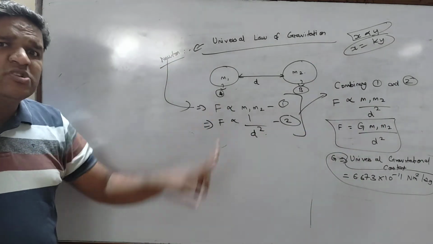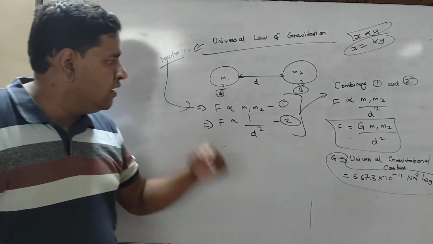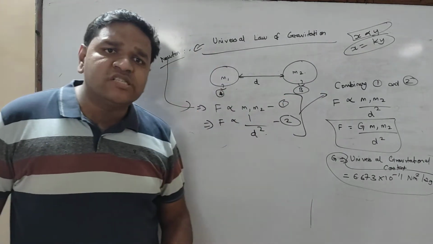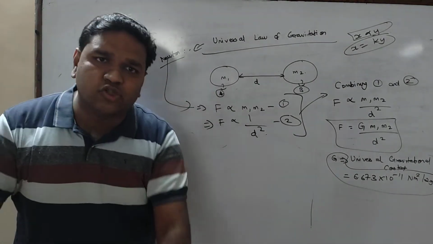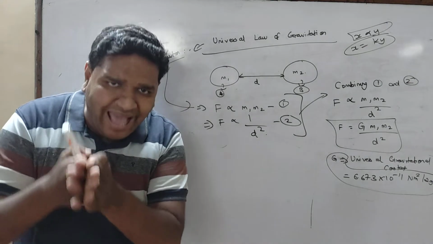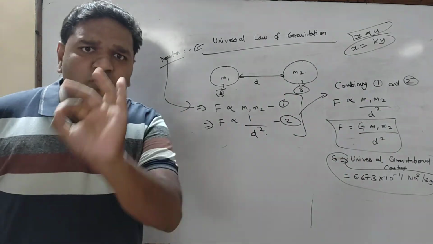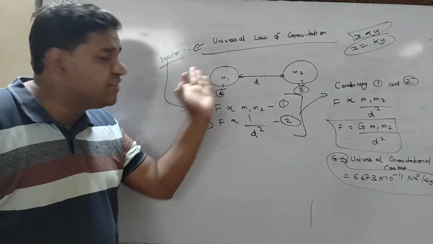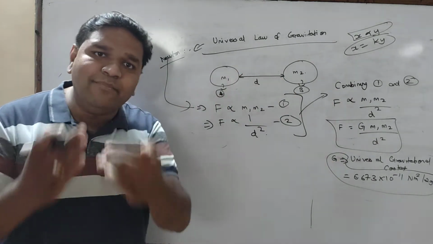We have object A which has a mass M1, and object B which has a mass M2. As per Newton's universal law of gravitation, force is directly proportional to the product of the two masses which have a force of attraction between them. Force is inversely proportional to the square of the distance between the two objects with masses M1 and M2.